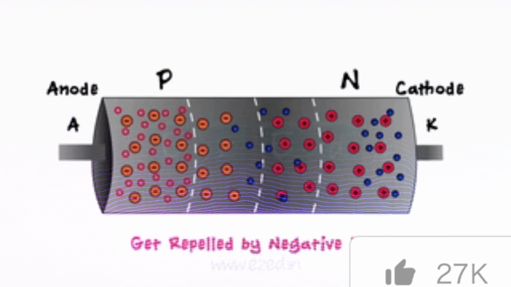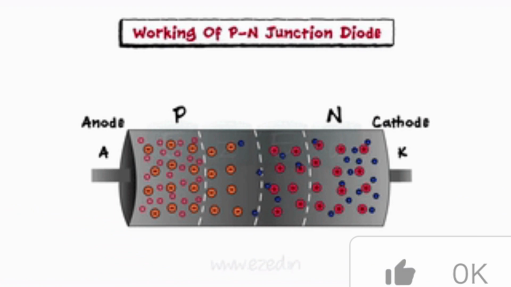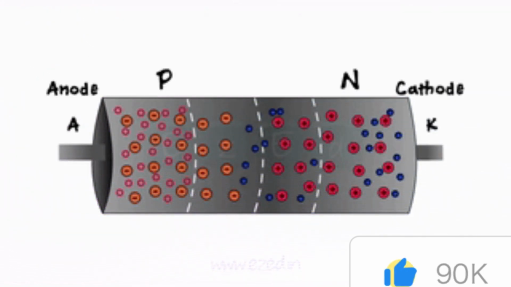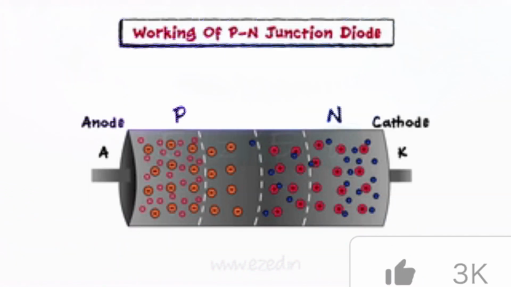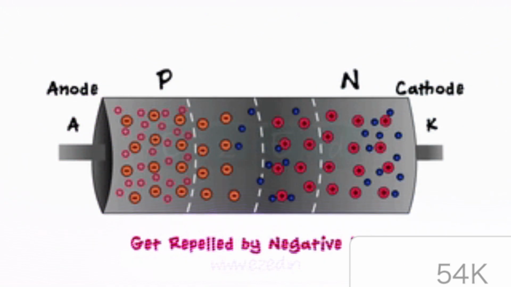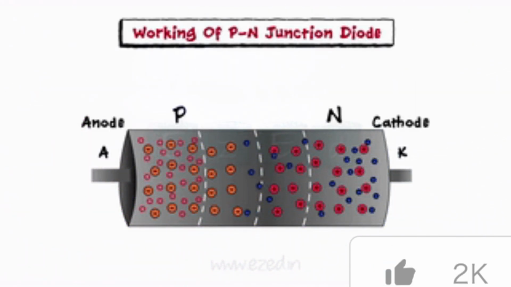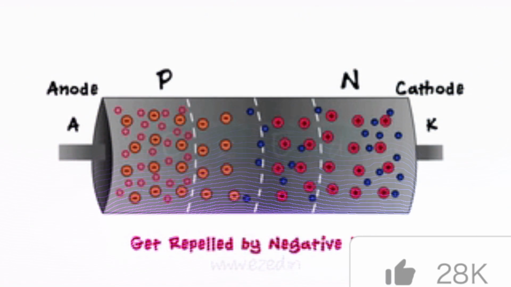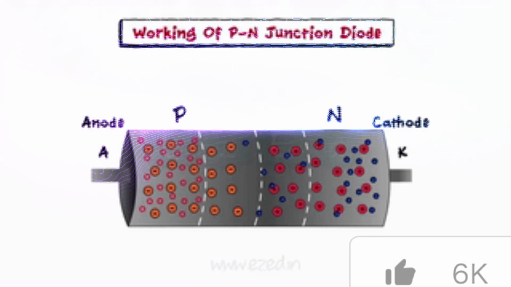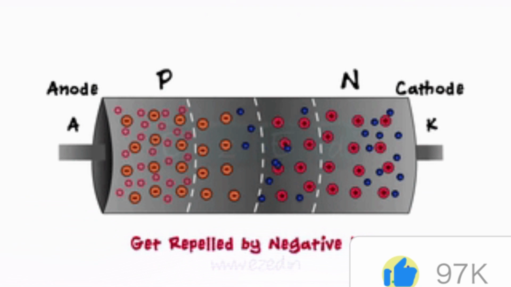The diode is forward biased only when a positive voltage is connected to the anode and a negative voltage is connected to the cathode. If the diode is reverse biased, the negative voltage connected to the anode and the positive voltage connected to the cathode, it will act like an open switch and no current will flow through the device.